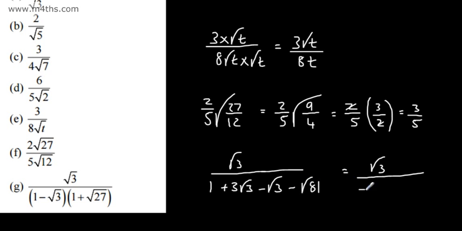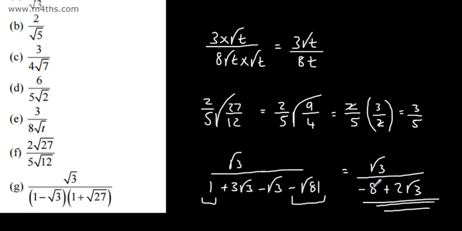So that's going to give me minus 8. So all I've done is taken the 1 and subtracted away 9. Then what I've got here is 3 root 3 minus 1 root 3, which is going to give me plus 2 root 3.